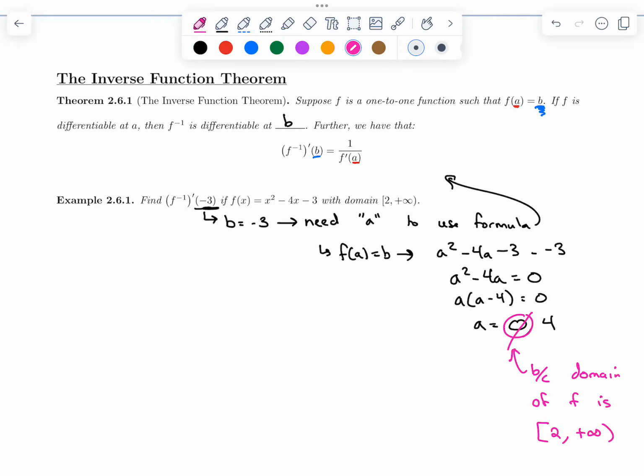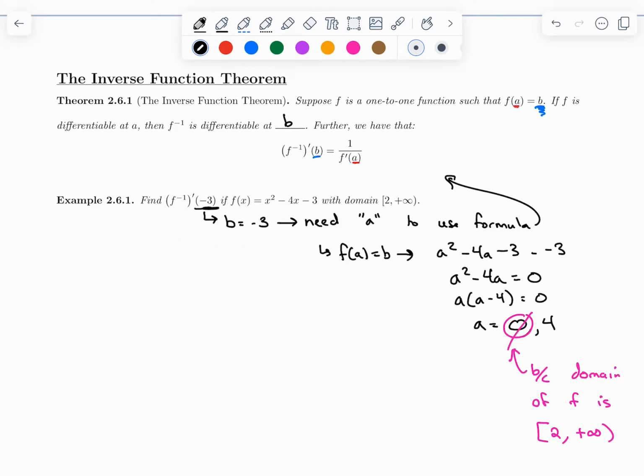Because the domain is 2 to positive infinity, we don't include the 0. So a is 4. 0 is not in the domain.